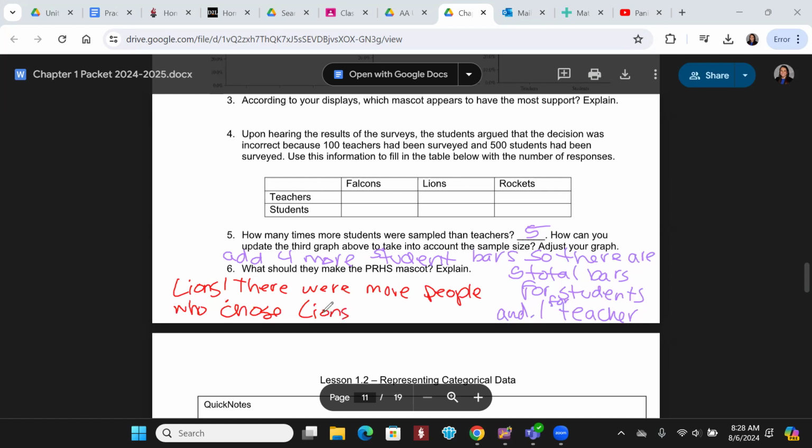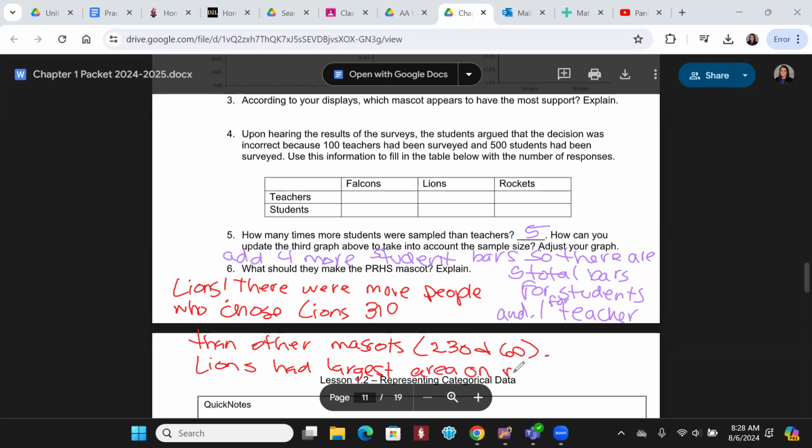And if you look at your proportion from the mosaic plot, there were 310 people who chose Lions than the other mascots, which those were 230 and 60. Another thing to note is that on the mosaic plot, the Lions had the largest area on the mosaic plot.